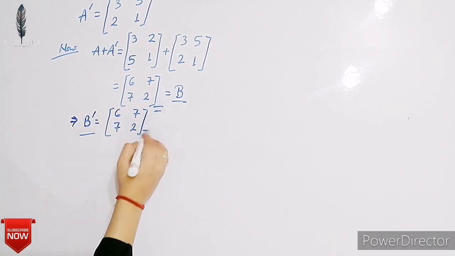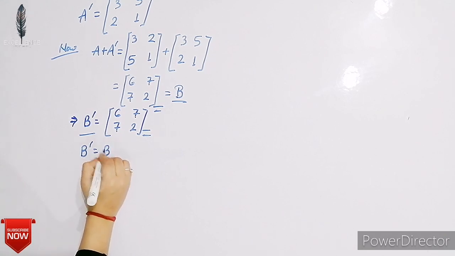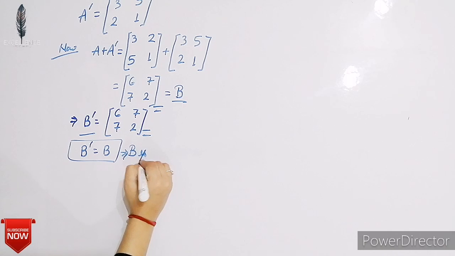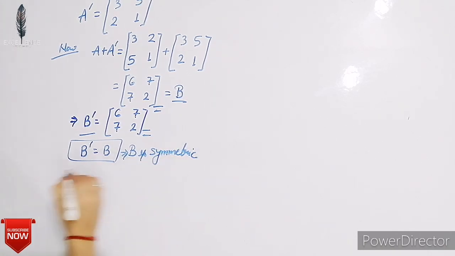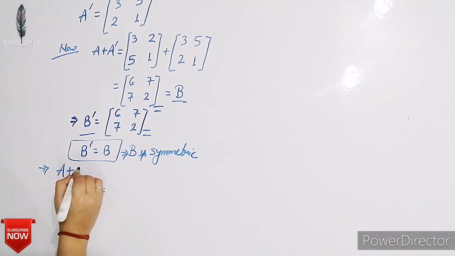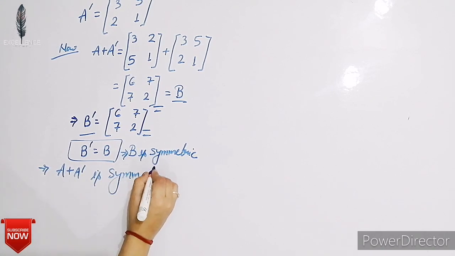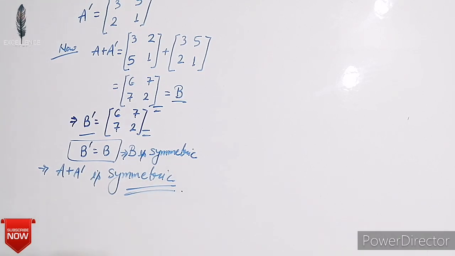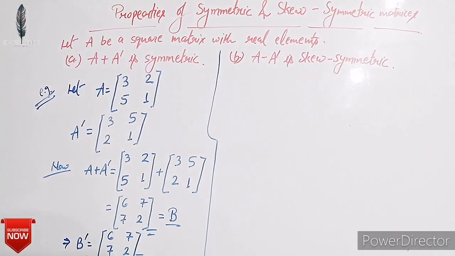Clearly we can see that B is equal to B dash. So, B is symmetric. Let's conclude that A plus A dash is symmetric. Okay. Let's see the next property.